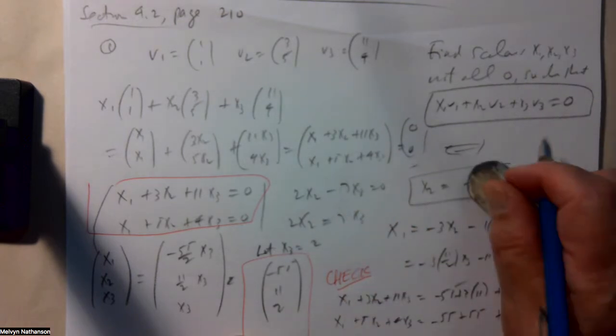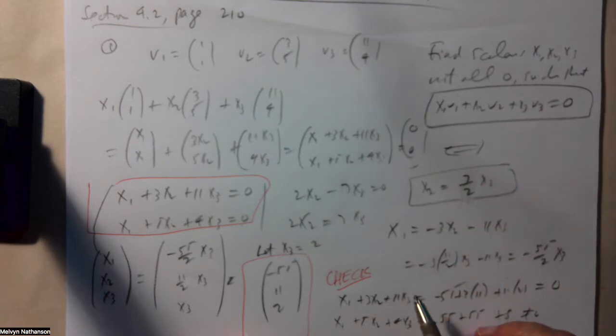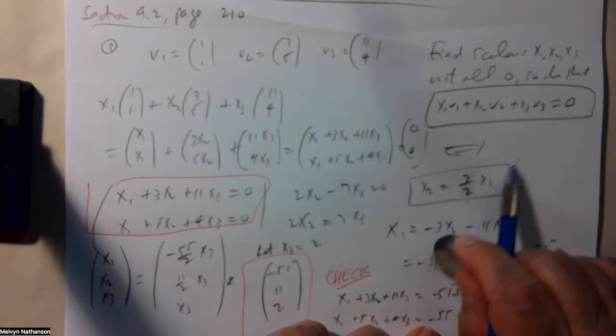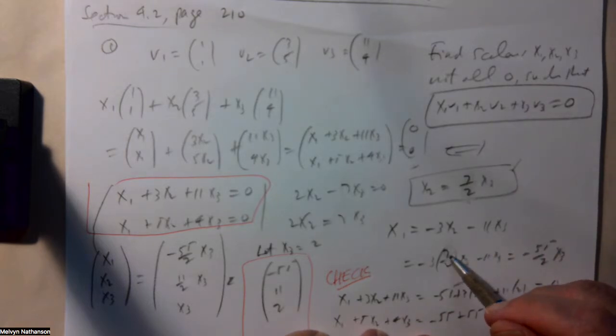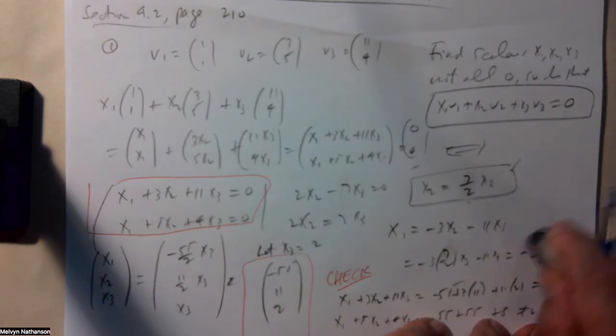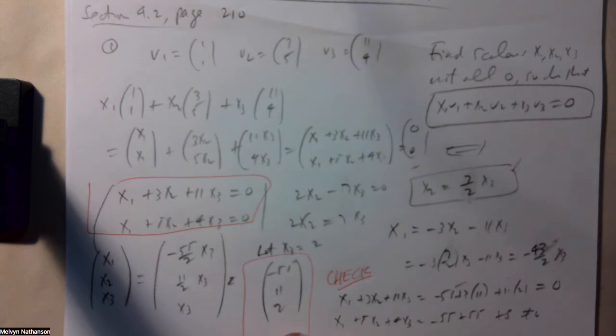So 2x2 is 7 halves x3. And then x1 is minus 3x2 minus 11x3. So that's minus 3 times 7 over 2 x3 minus 11x3. So this is minus 21 over 2 minus 22 over 2, which is minus 43 over 2.